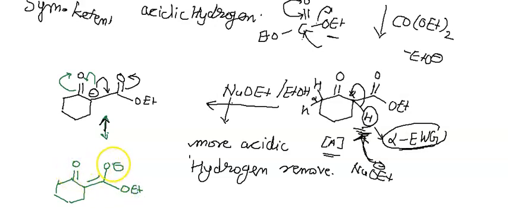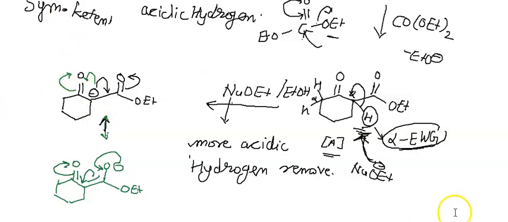Further, this oxygen nucleophile is attached to here, this double bond comes to it here, and this oxygen gets a negative charge. This is also possible, and there is your intermediate.